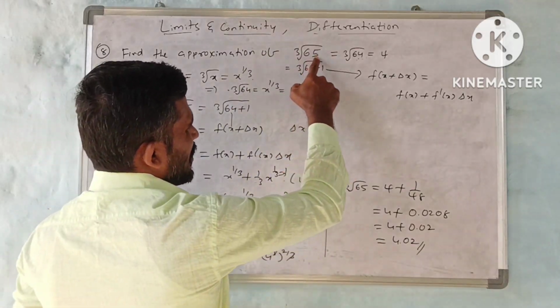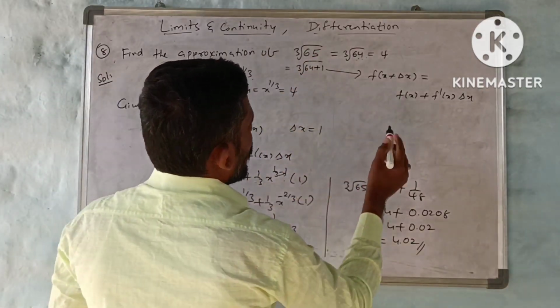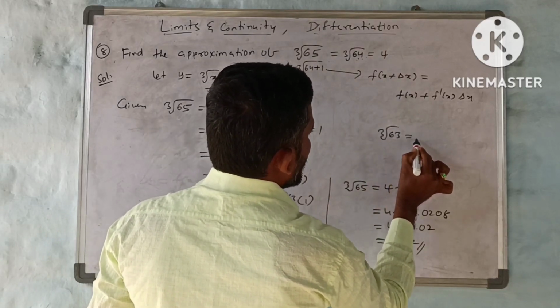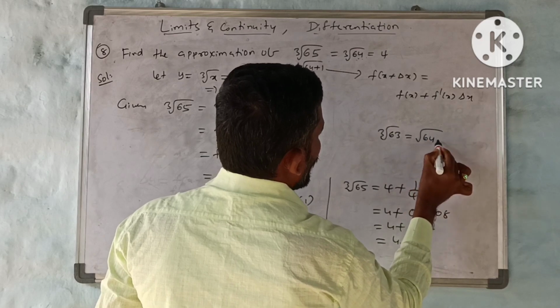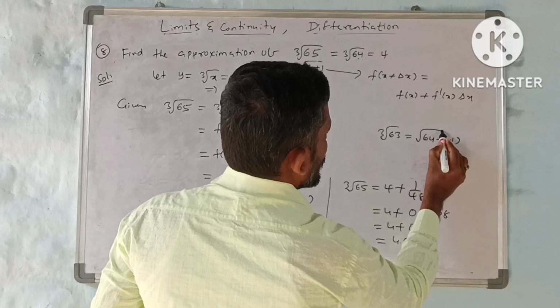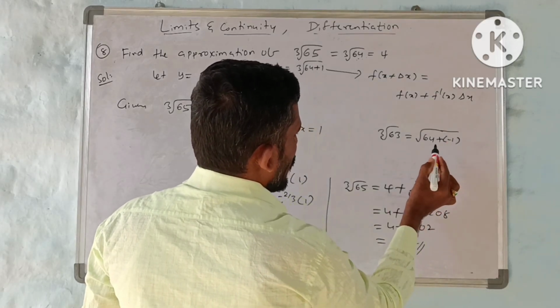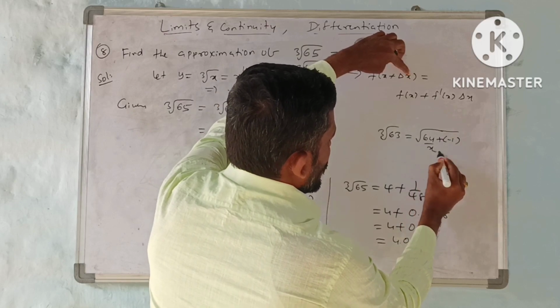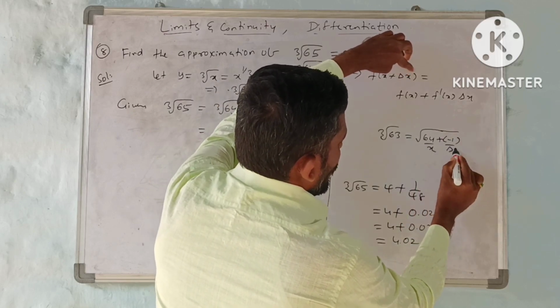If we are given the cube root of 63, this also you have to take as cube root of 64 plus minus 1. Cube root of 64 plus or minus 1, we need it in the form x plus delta x, where x is 64 and delta x is minus 1.